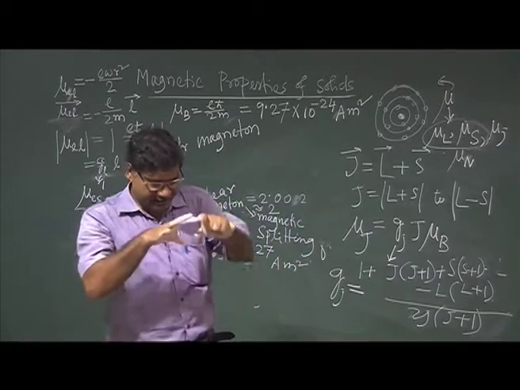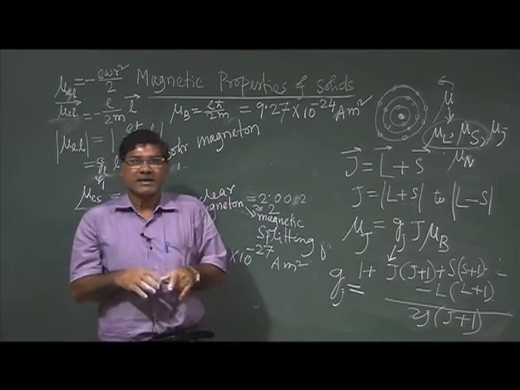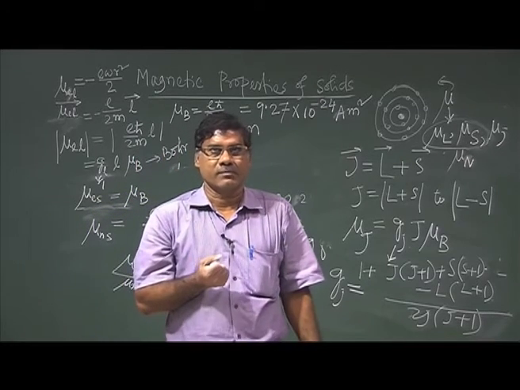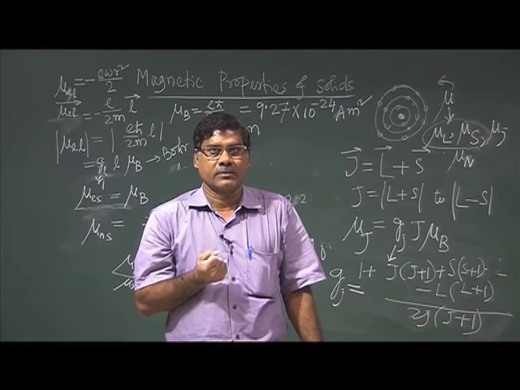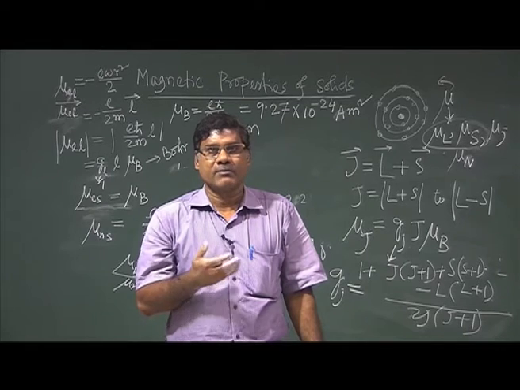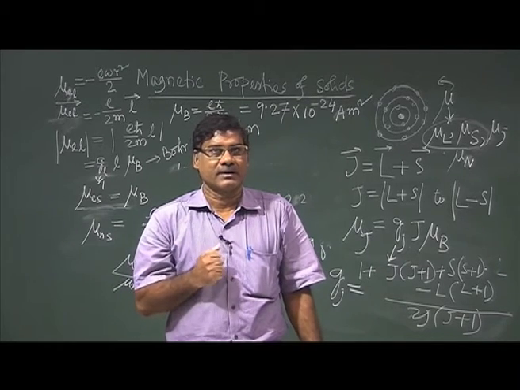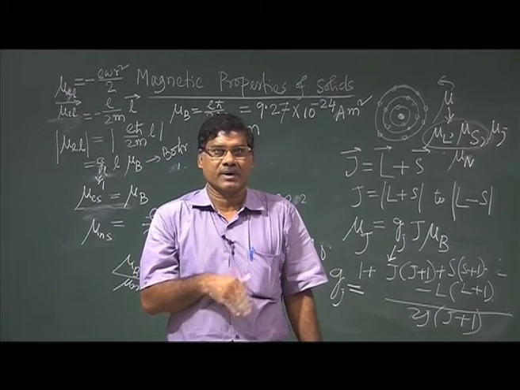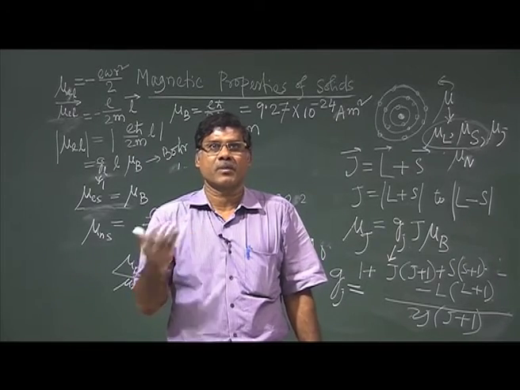So, in a material each atom has the magnetic moment μ. Then we will discuss the different properties, diamagnetic, paramagnetic and ferromagnetic properties, in coming classes.